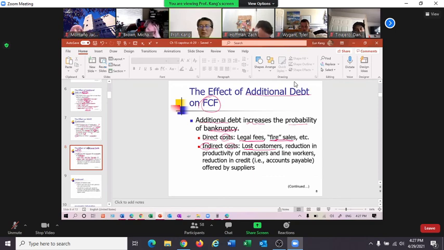And reduction in profitability, productivity of managers and workers. If your company is on the verge of bankruptcy, then rather than working very hard, you may try to find another job, right? You may go to a job interview, whatever. And also, it's very hard for you to focus on your work. That's a problem.